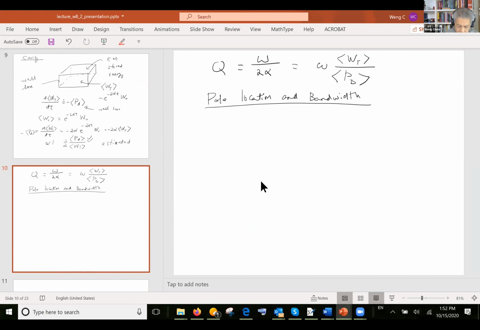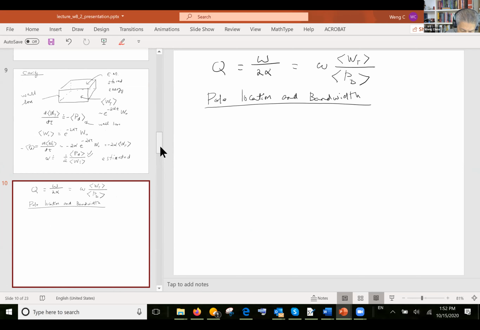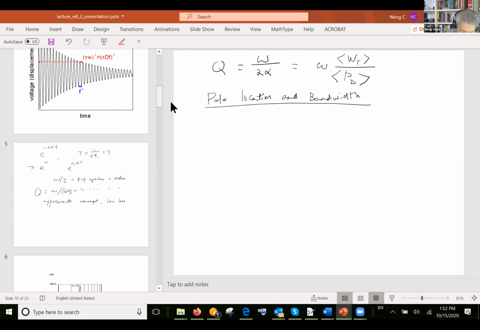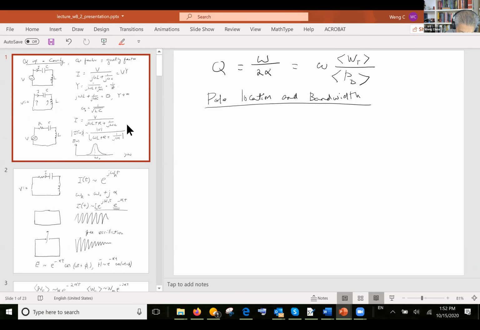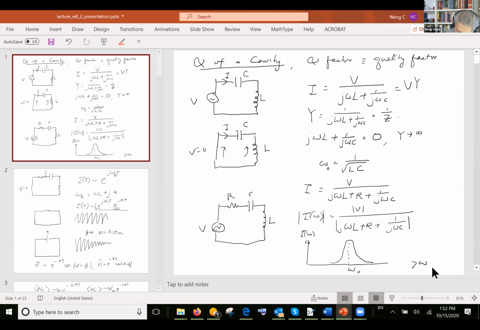So we can use back our LC tank circuit as the inspiration again. You can think of the function that we have, which we call Y, to be our transfer function. This is the output, this is the input. This is our transfer function Y, okay?